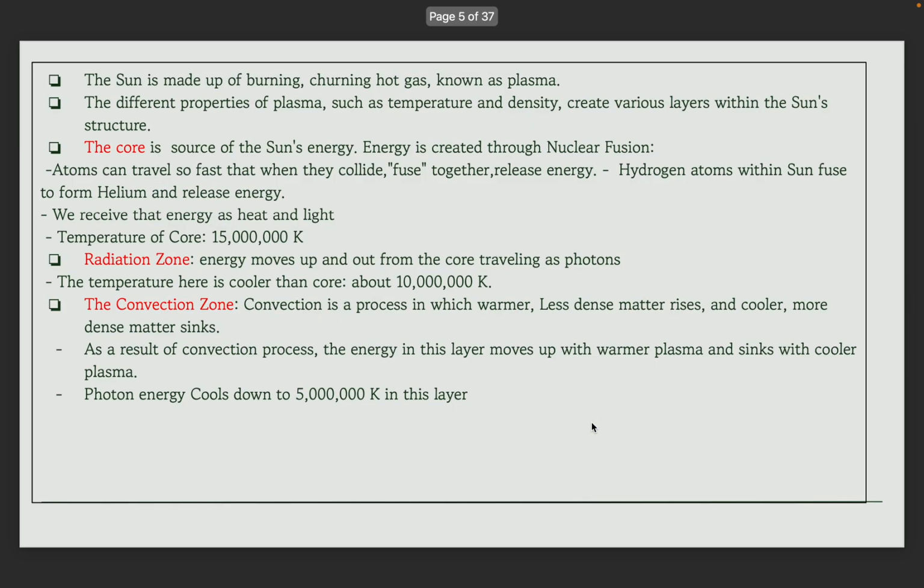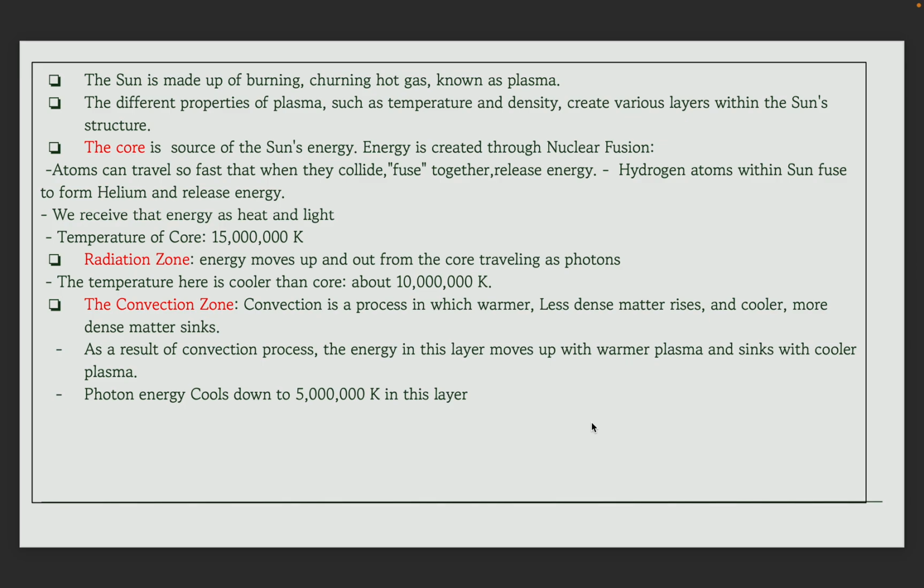Now, until now we have known that the Sun is made up of burning, churning gas of hot plasma. The different properties of plasma such as temperature and density create the various layers within the Sun's structure. The interior of the Sun is divided into three regions: the core, then the radiation zone, then the convection zone.